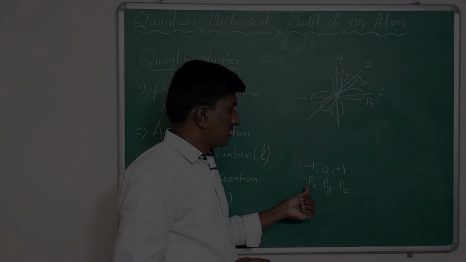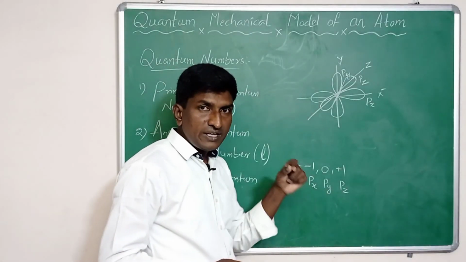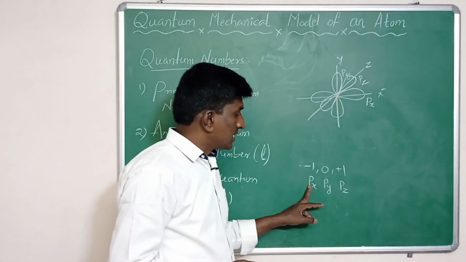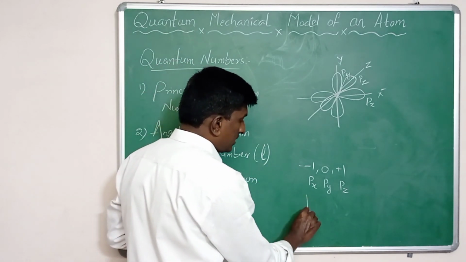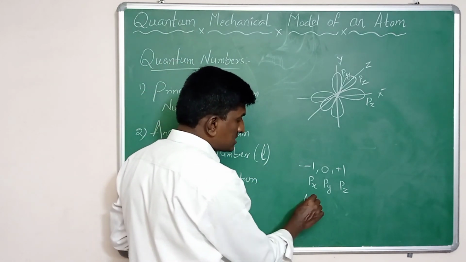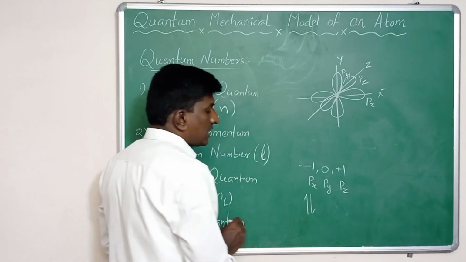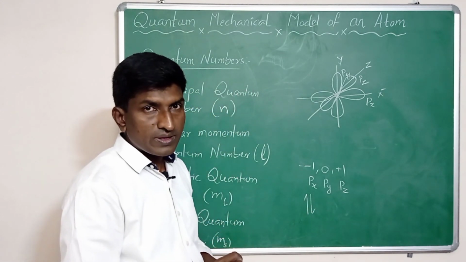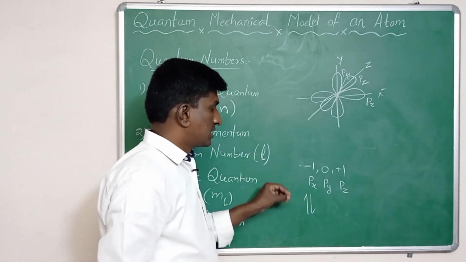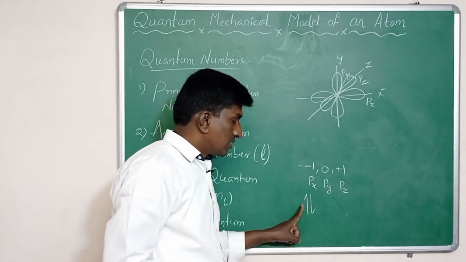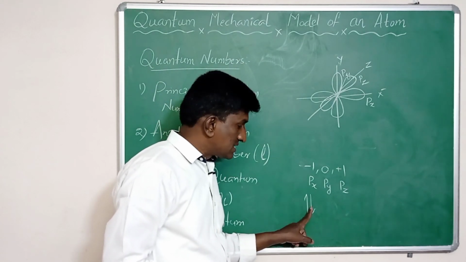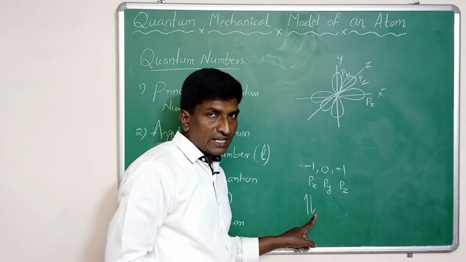So the p orbital divides into 3 subshells, and each subshell can hold 2 electrons, one clockwise and the second anti-clockwise.